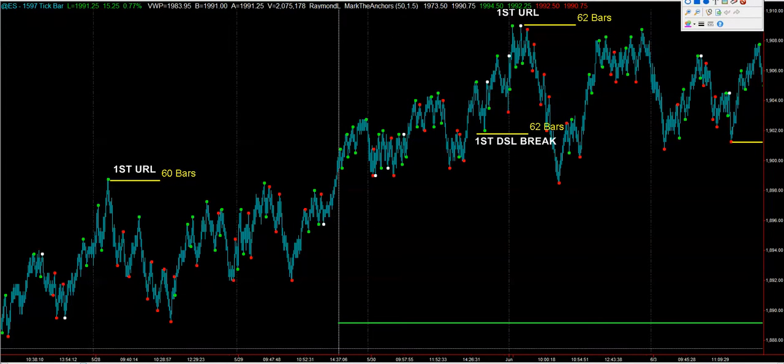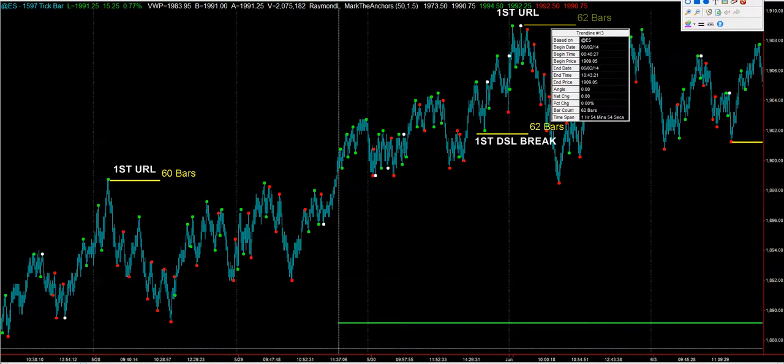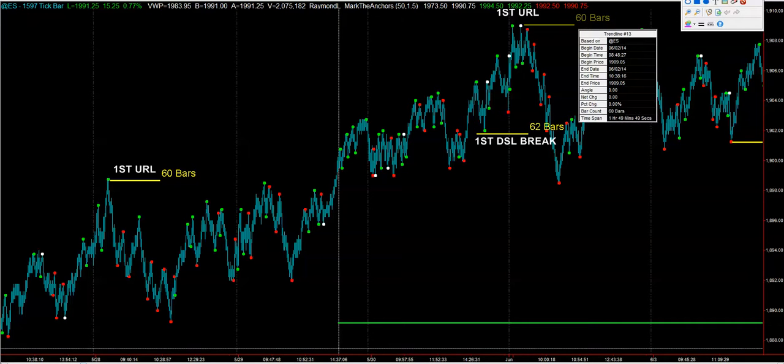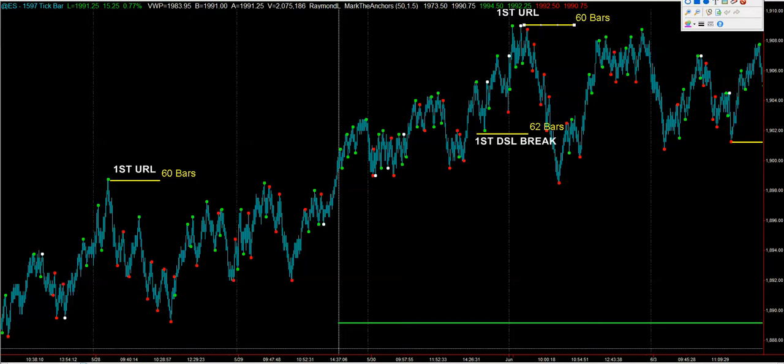So we had the beginning of the URL, the break of the URL, the lowest point. That's our stop level. And we now continue looking for the first upper URL, which at 60 bars is the setting, is up here.